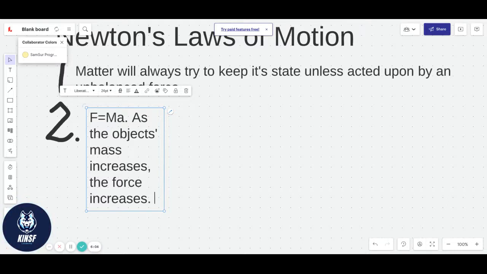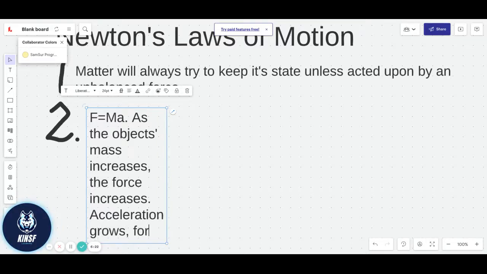And also it's the opposite. If the acceleration grows, the force also grows. So you find some object's mass, then you roll it or something, so you get acceleration.